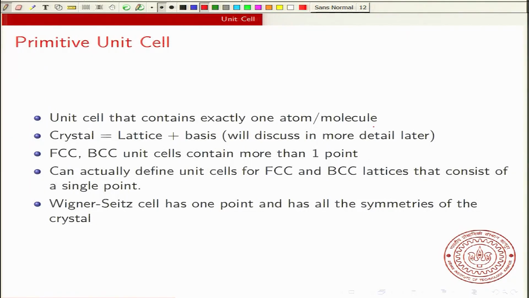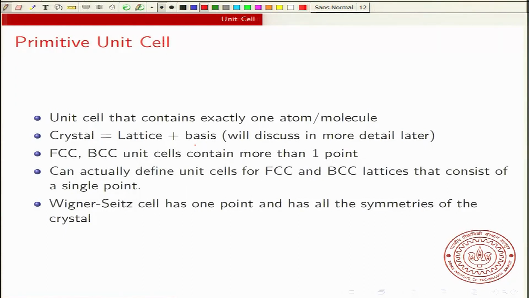I have gone a little ahead of what we are discussing, in the sense that we should keep in mind that a crystal is composed of both a lattice and a basis, and we will come to this a little later.